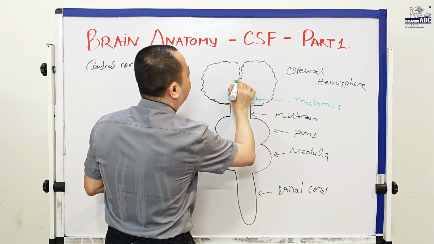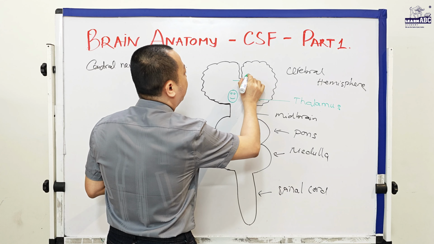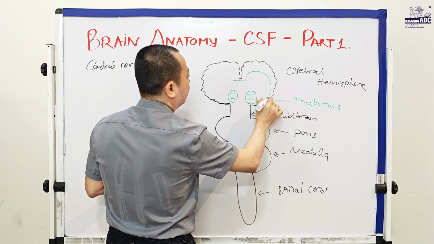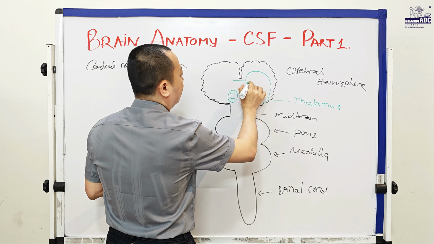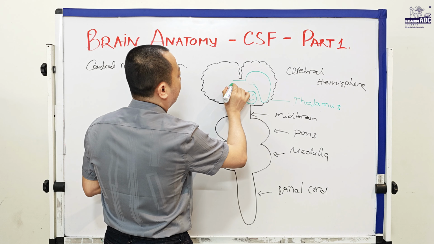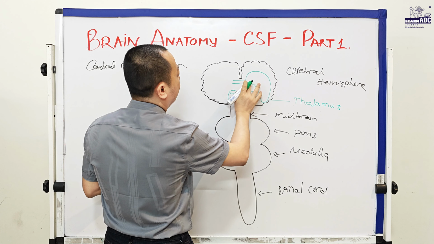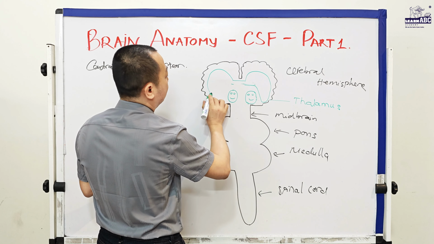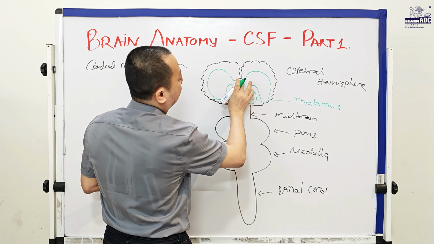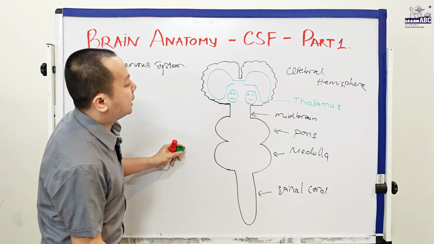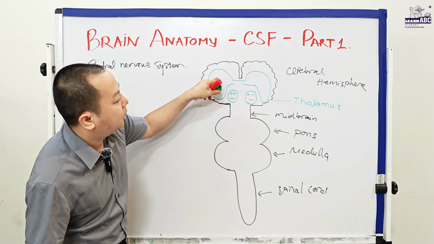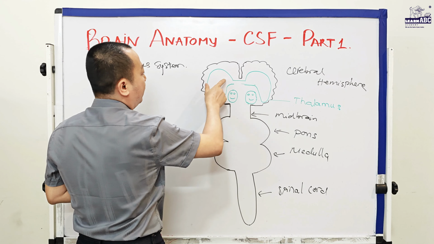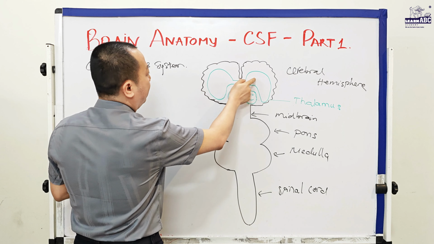Then we have the cavity. This cavity is present in the left hemisphere and the right hemisphere, on both sides. We call it the lateral ventricle.